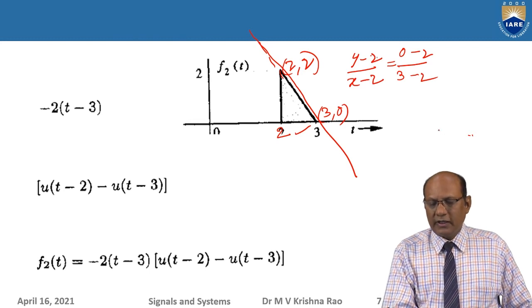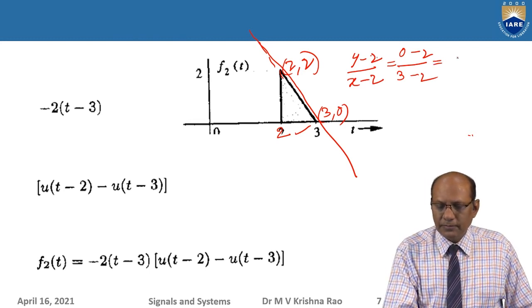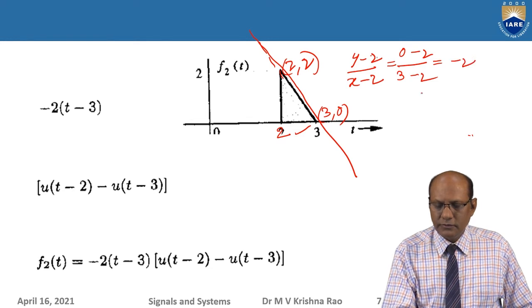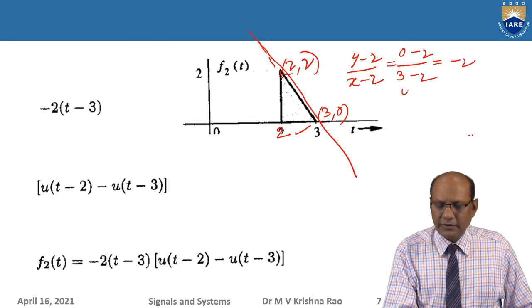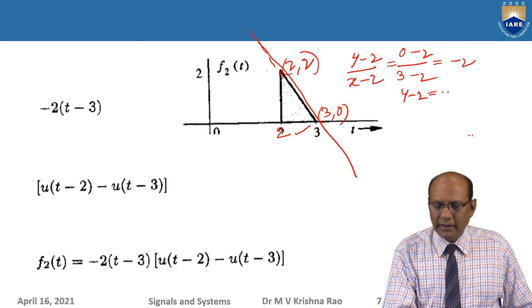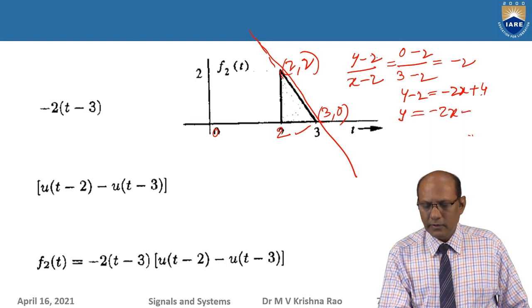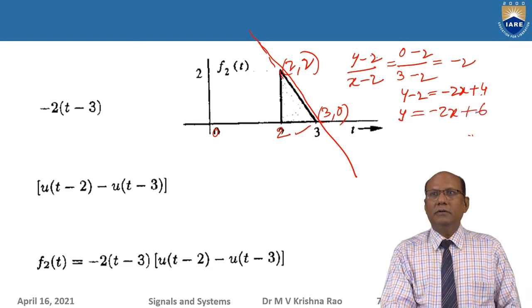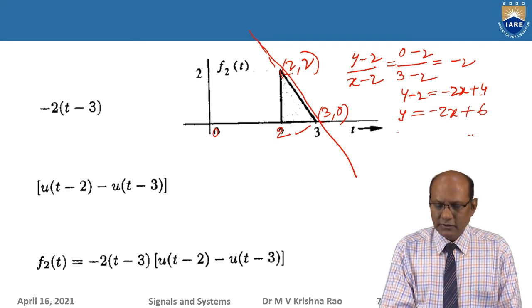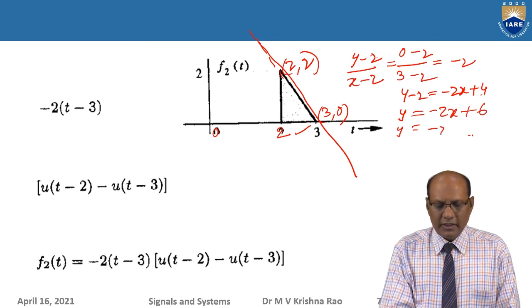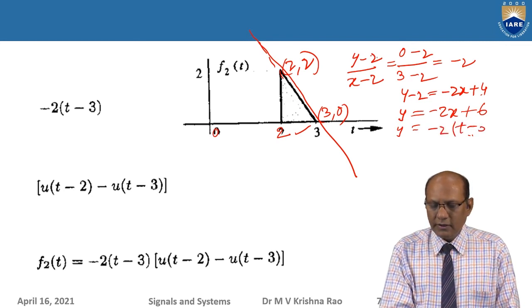Now this is equal to minus 2. If I write the expression, y minus 2 equal to minus 2x plus 4. So y equal to minus 2x plus 6. That is nothing but y equal to minus 2 times x minus 3.